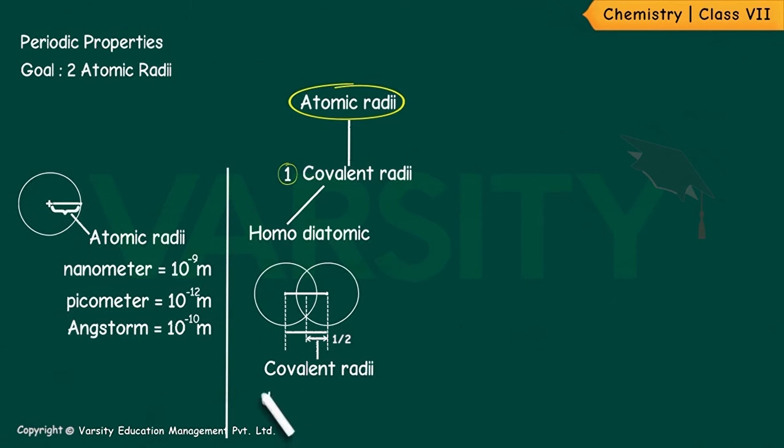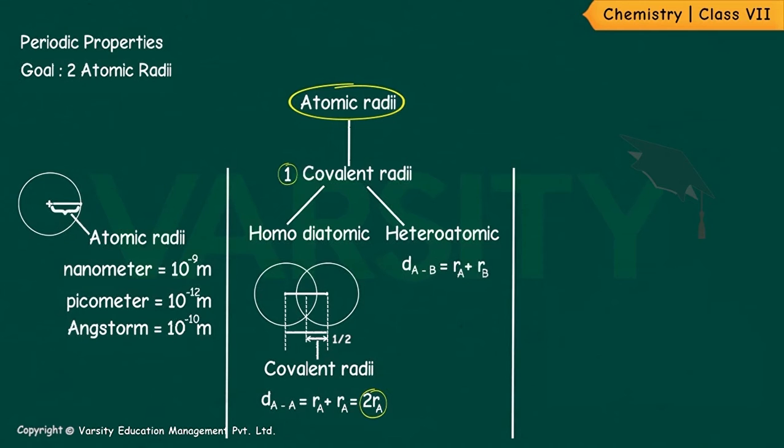It is very easy to calculate the distance between two similar atoms. That is, radius of A plus radius of another A, which is equal to 2RA. In case the molecules are heteroatomic, that is, if the molecules are made up of atoms with little difference in electronegativity, then the distance AB is equal to radius of A plus radius of B. This is how we can get the distance.